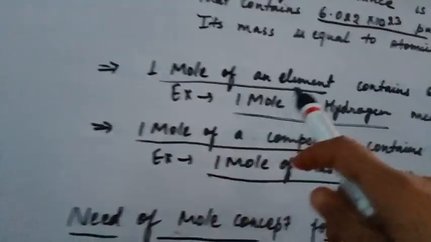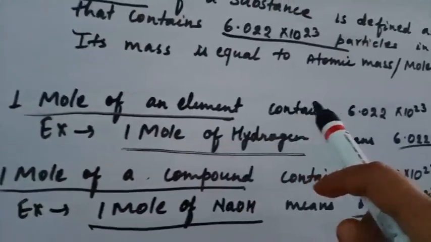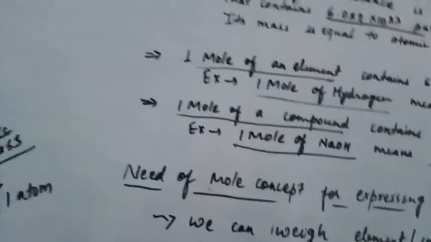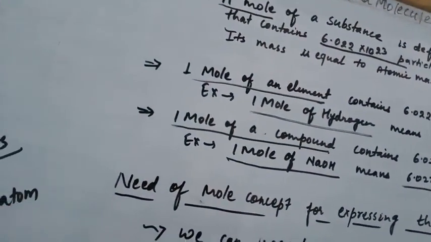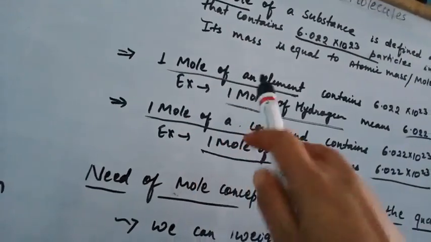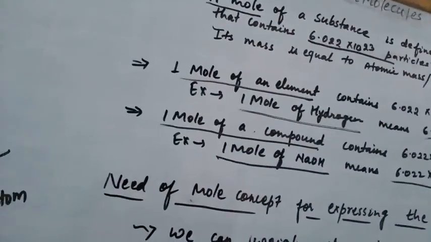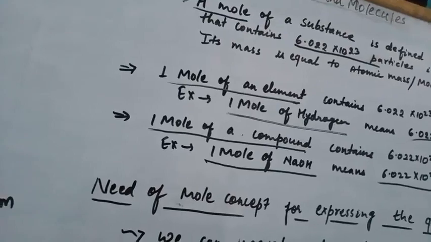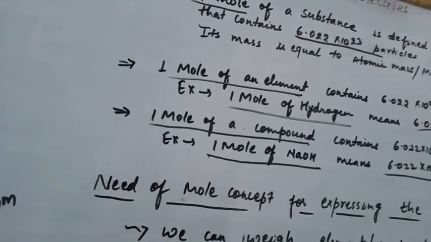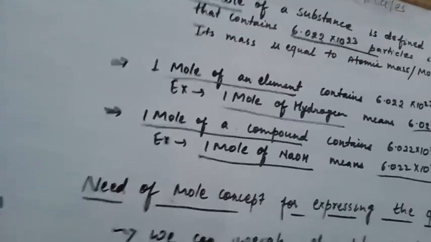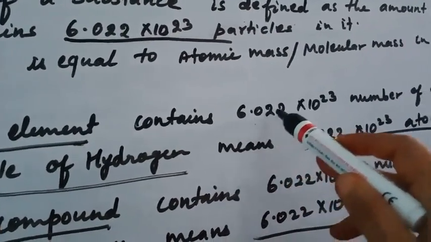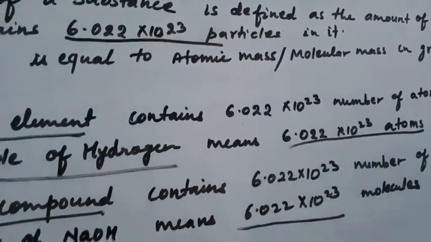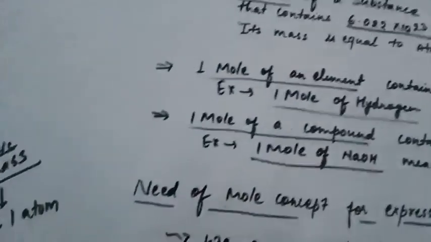Similarly, if you have to find out the mass of 1 mole of an element, then you know that 1 mole of any element contains 6.022 into 10 to power 23 number of atoms in it. So you have to find out mass of all the 6.022 into 10 to power 23 atoms present in it.